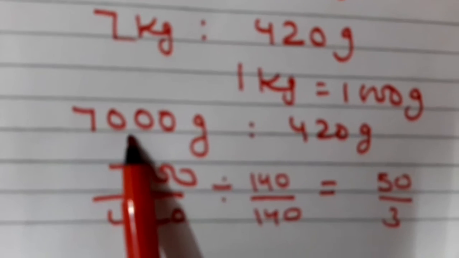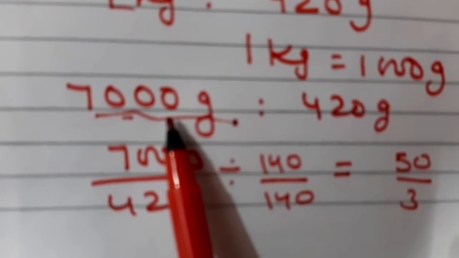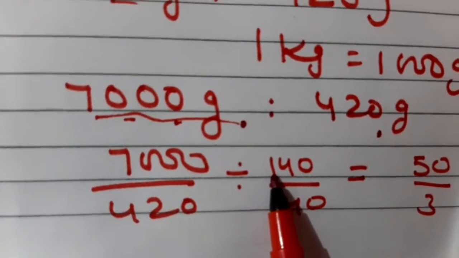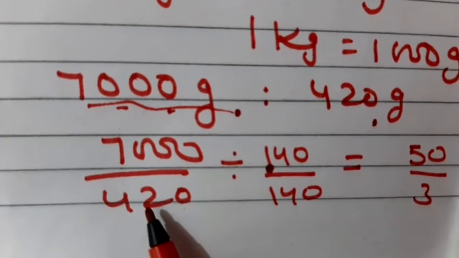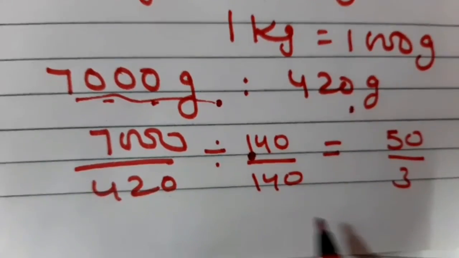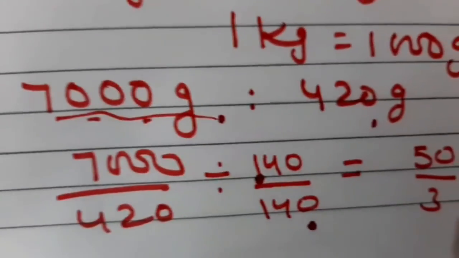So it will become 7000 grams. Now I'll take out the HCF of 7000 and 420, which is 140. Now I'll divide both the numerator and denominator by the HCF, which is 50 upon 3. So my answer is 50:3.